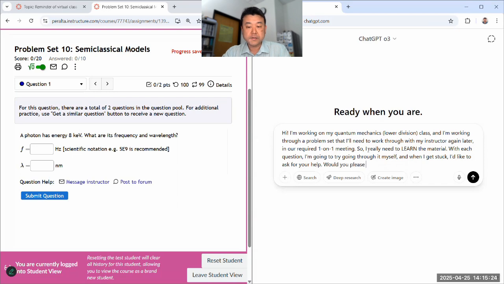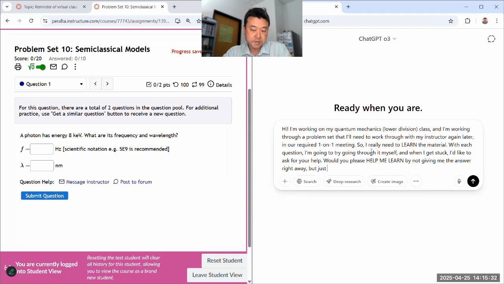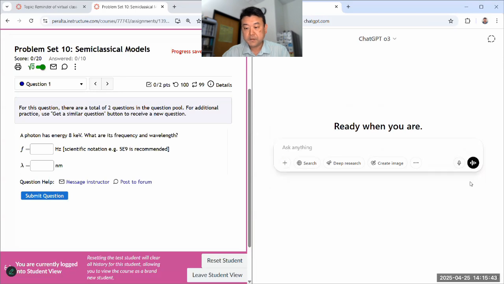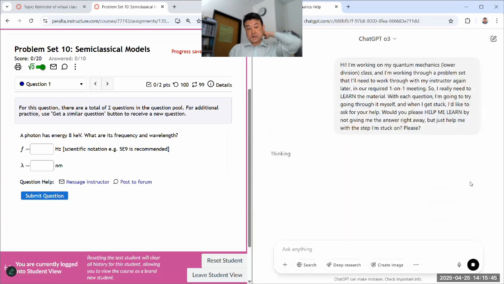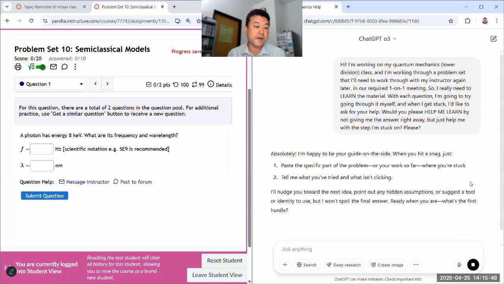Would you please help me learn by not giving me the answer right away, but just help me with the step I'm stuck on, please?" That's the prompt, and it will acknowledge. And let me find some more substantial questions to ask.